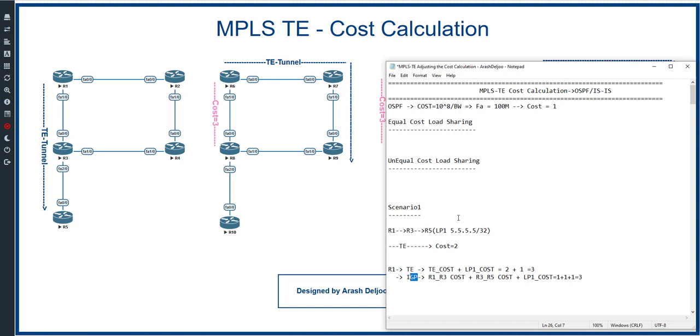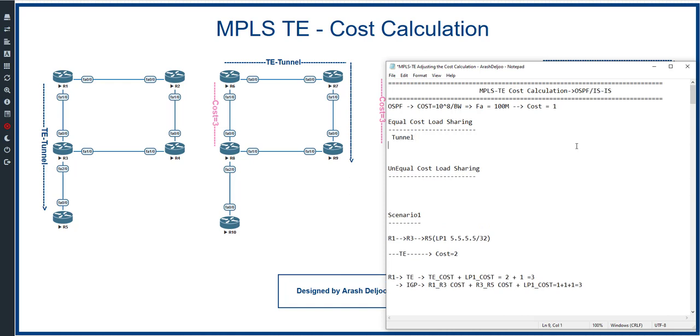The question is: do we do equal cost load sharing between the TE tunnel and the IGP? The answer is that when we have two paths, the first is a tunnel path and the second is an IGP path, to one destination on the tunnel end router, we are using only the TE tunnel. This is the first rule about equal cost load sharing.